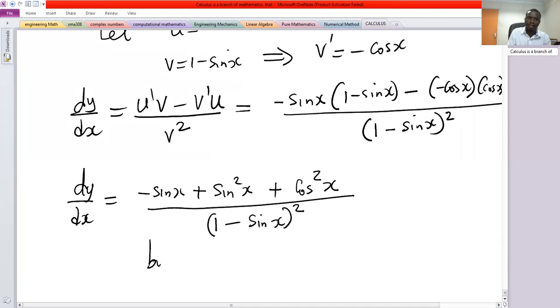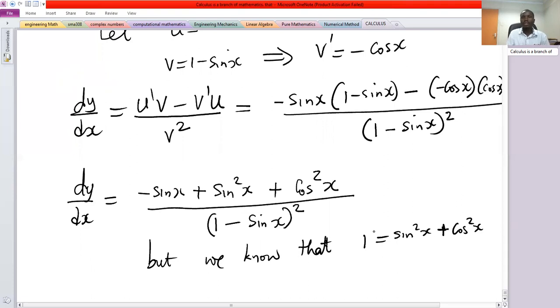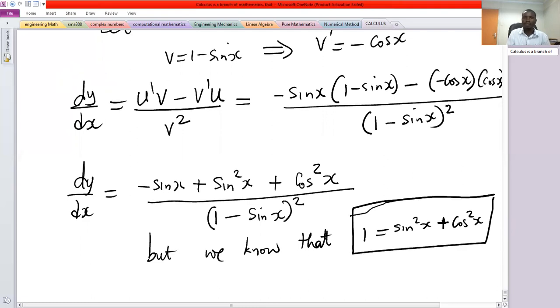But we know that 1 is equals to sine squared x plus cos squared x. This is a trigonometric identity that is always known. The square of sine of an angle plus square of cosine of the same angle is 1.